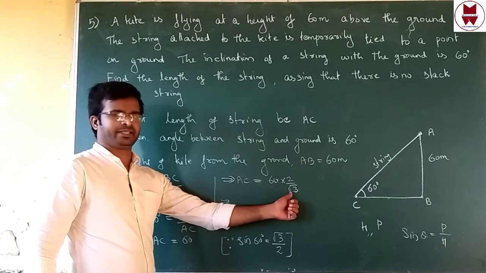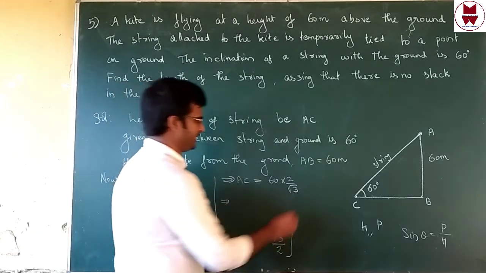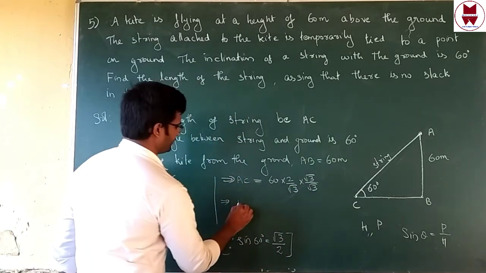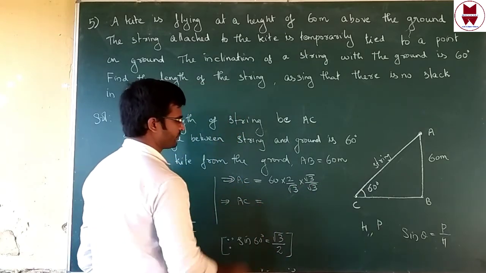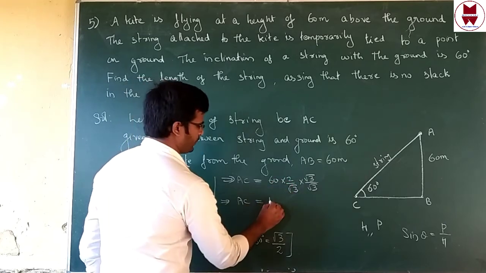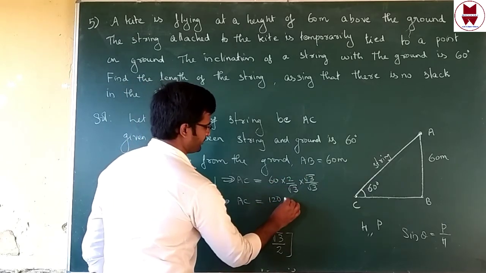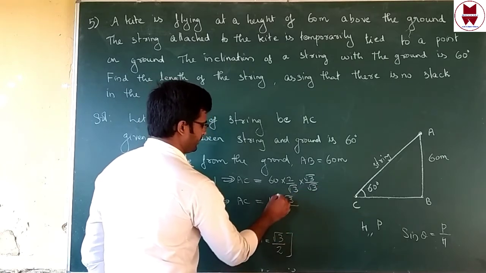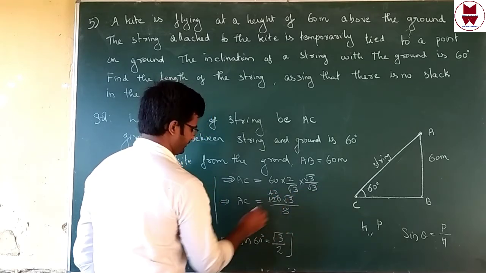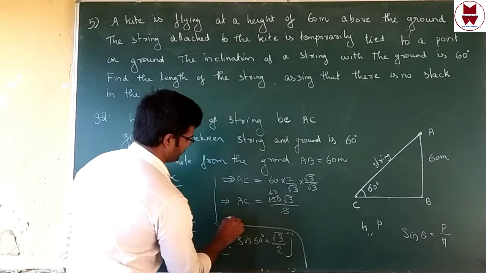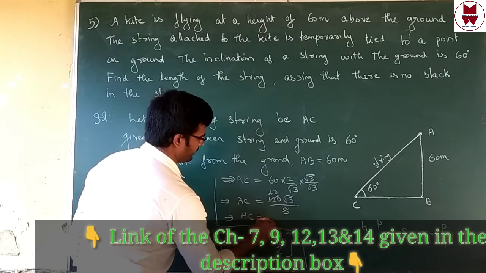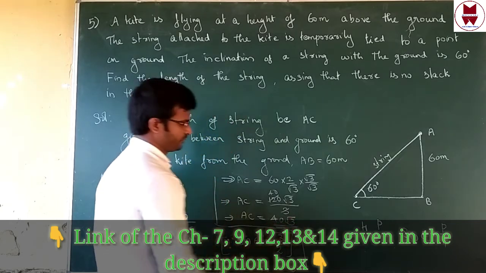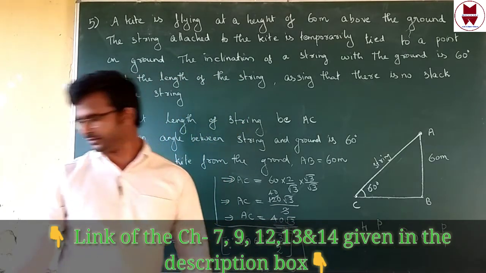This root 3 we cannot keep as denominator, that's why multiply root 3 divided by root 3. AC equal to 60 into 2, 120 root 3 divided by root 3 into root 3, 3. Cut it. 4 times 0. AC equal to 40 root 3. We got AC equal to 40 root 3.